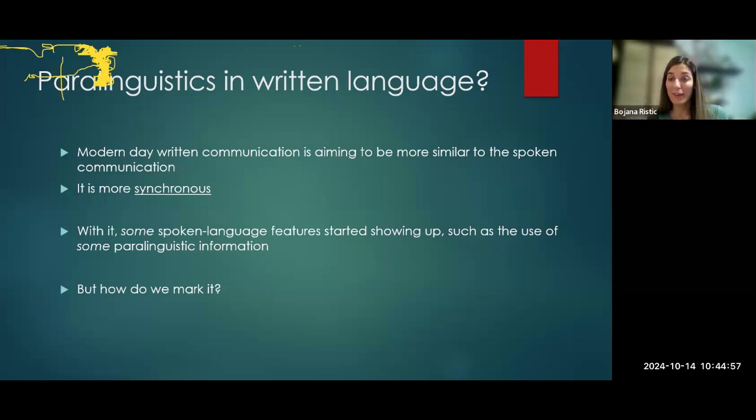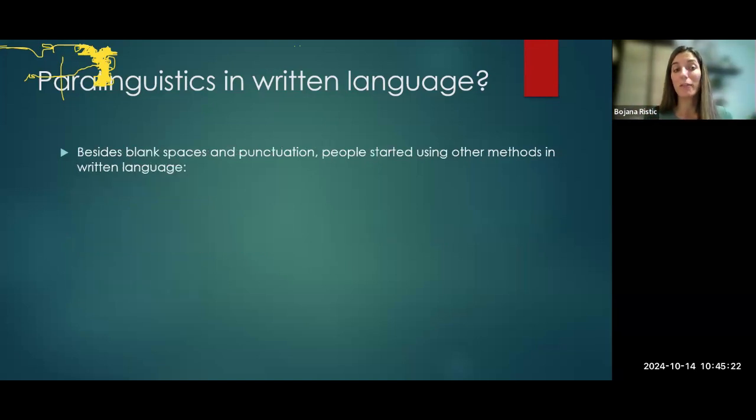And this is a very informal slide that I will show now. But I think that nowadays, and I'm sure people who are teenagers have even more examples, but I'm a little bit old school and outdated with how now in the communication we are doing everything to try to communicate this paralinguistic information when we are writing.